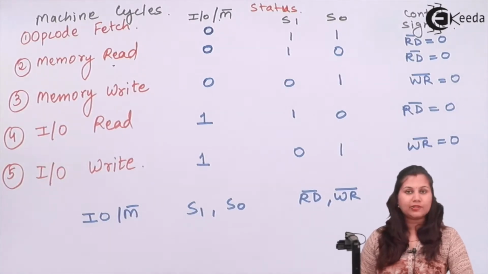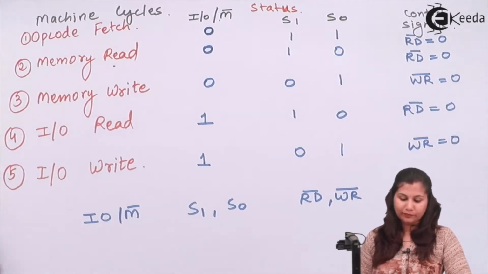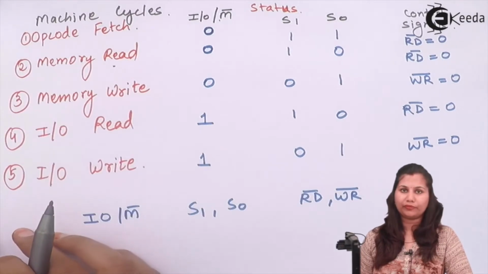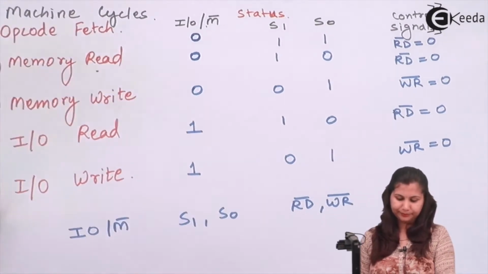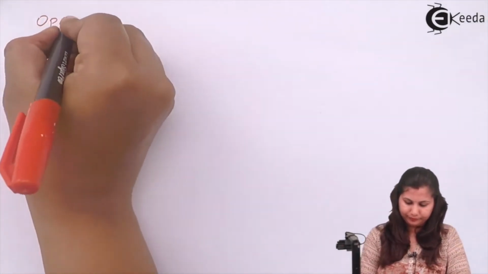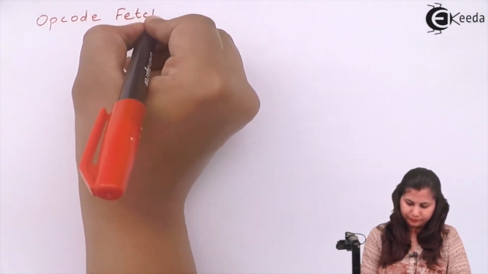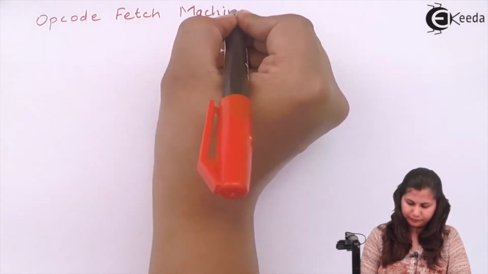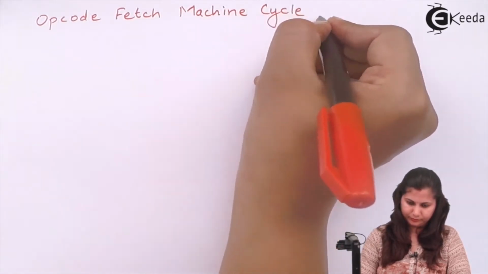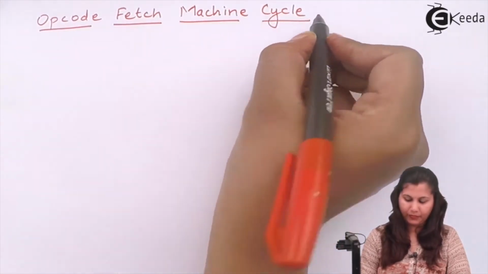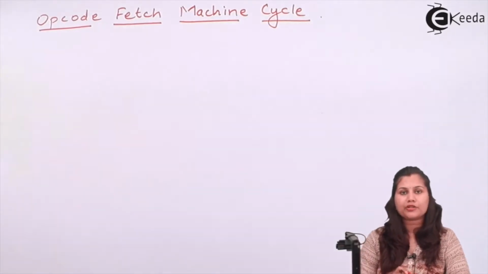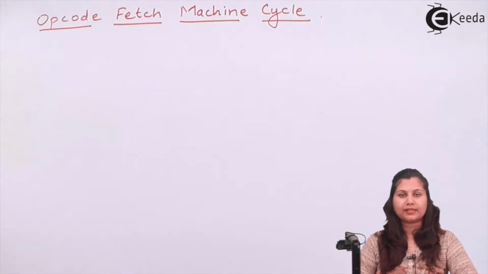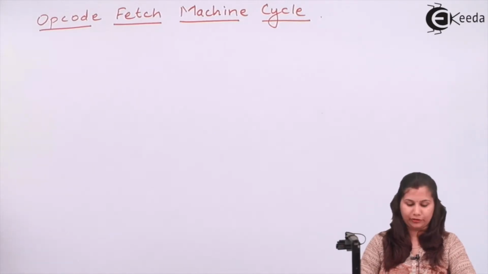So let's study each of the machine cycles one by one. First, we will start with the opcode fetch machine cycle. The first operation performed by the microprocessor is the opcode fetch.